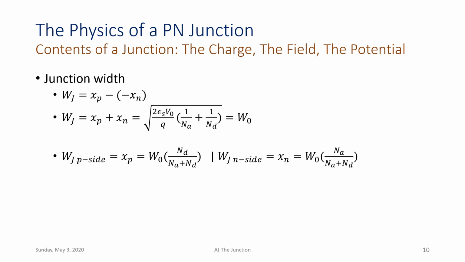So the junction, or the depletion region, has a width W sub j, and this runs from minus x sub n on the left side to x sub p on the right side. So the width of the junction is given by the expression x sub p plus x sub n, which is equal to the expression of the W naught on this side.